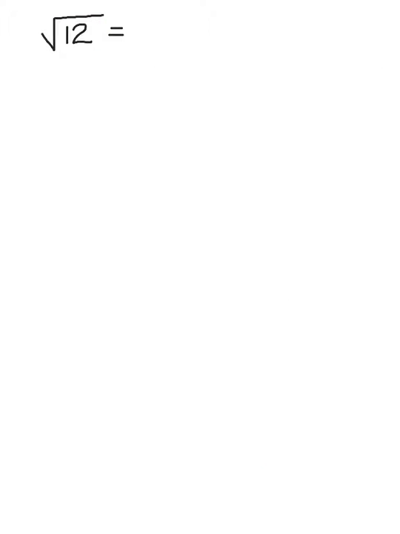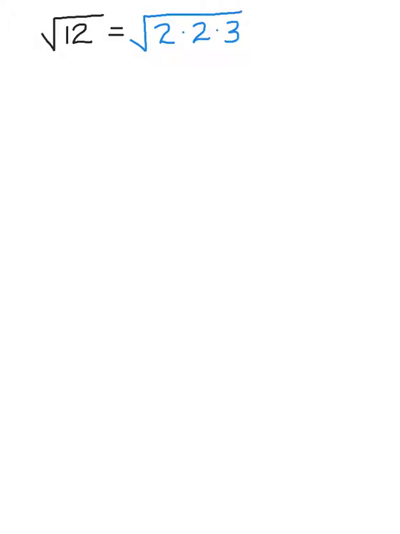So let's start with a number like 12, the square root of 12. In order to simplify that number, we need to break it down into its prime factorization. So I'm going to break it down into 2 times 6, and 6 breaks down into 2 and a 3. So I've got 2 times 2 times 3 equals 12.